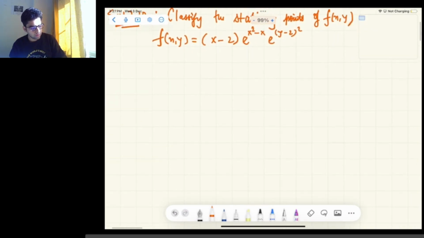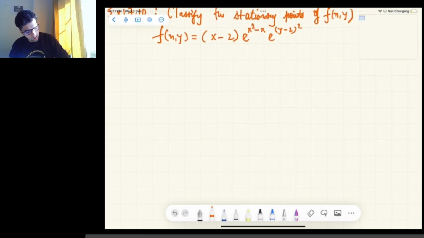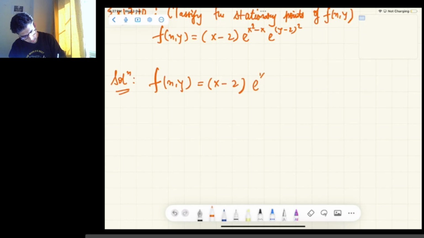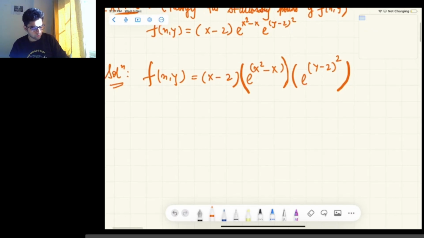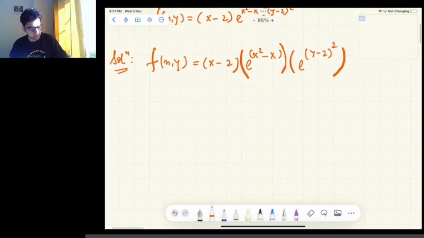So now let me write the question once again and then we'll start solving. Right, so this is our question. For this, we need to find the stationary points first.